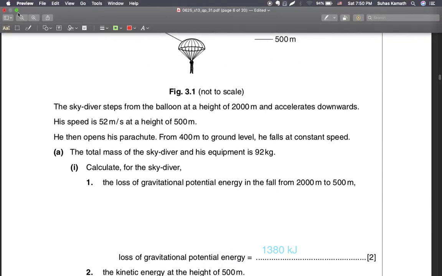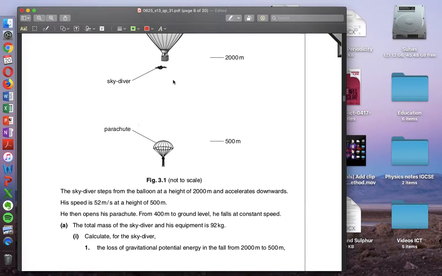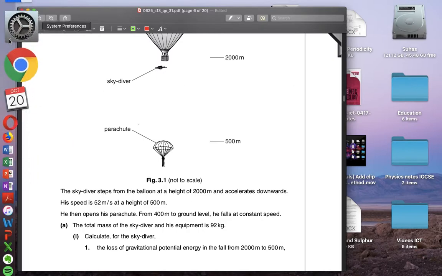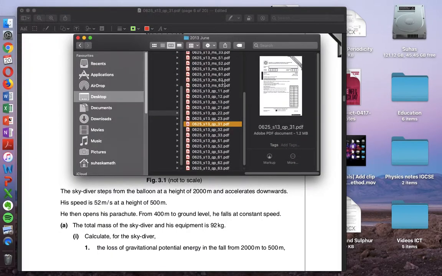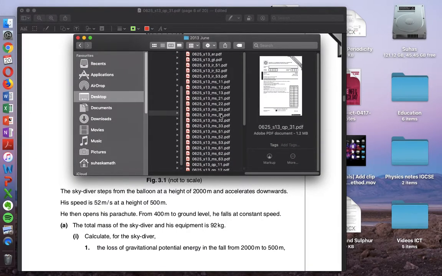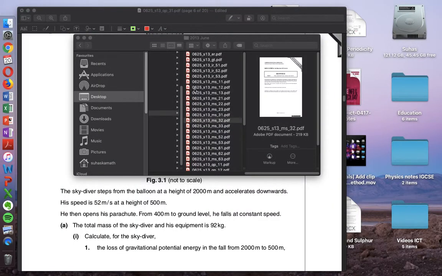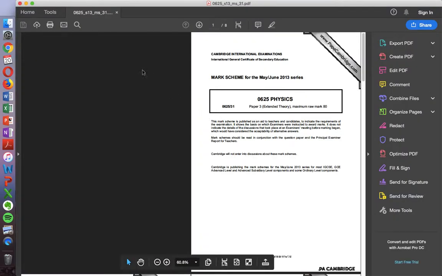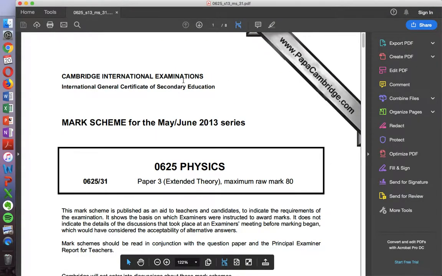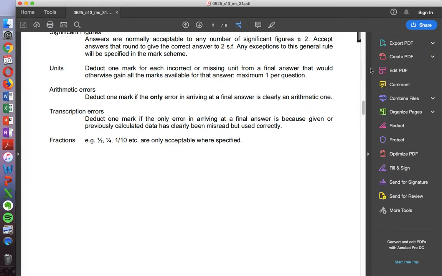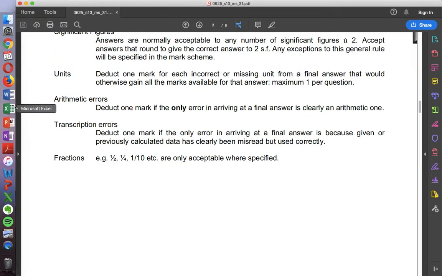So checking. Let me just check. I must have the file open here. Oh, not that one, wrong file, wrong mark scheme. Let me try to get both side by side.